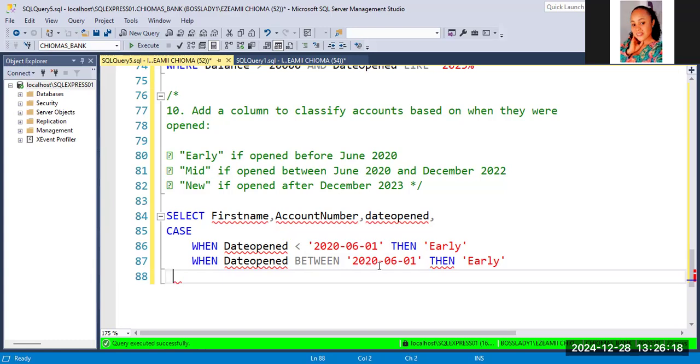Between 0601 and December 2022, 1 to 31st. Then we give it mid. Else, if we did not meet any of those conditions, else new.